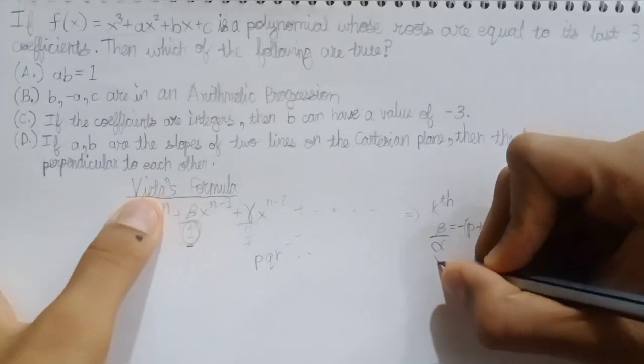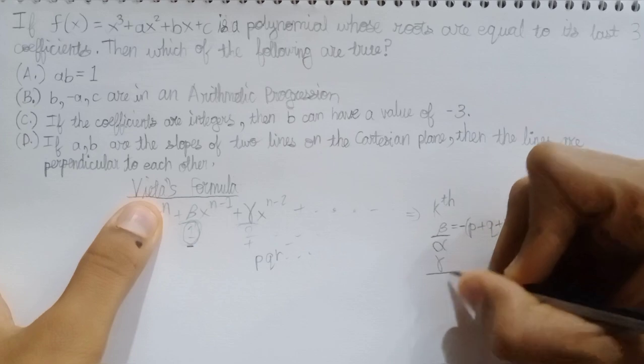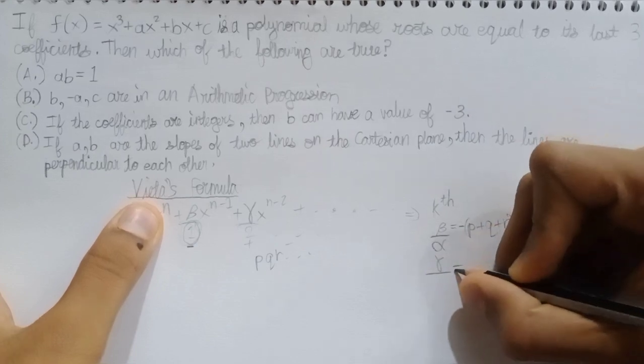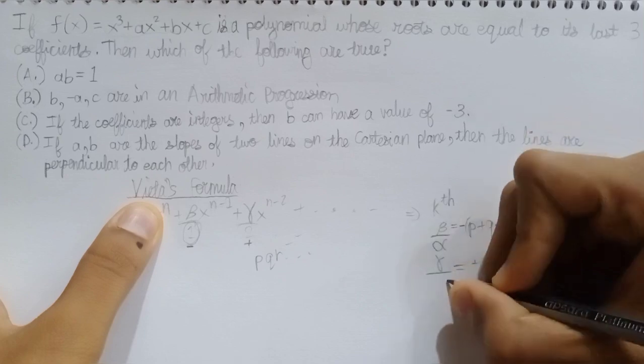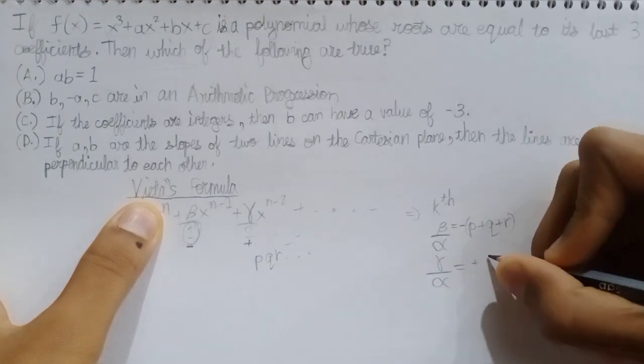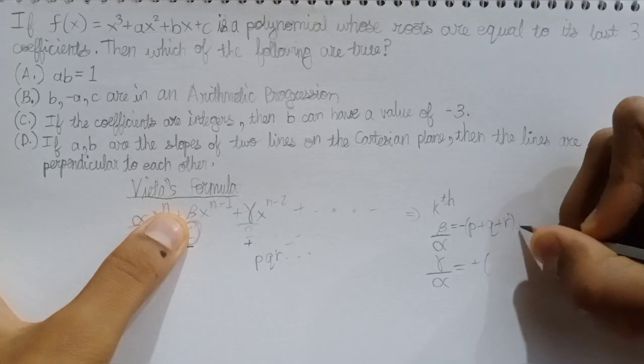And coming to gamma, it'll be the sum of the products of two roots at a time, and since it is plus here, we don't have to worry about the sign. And it is gamma by alpha, by the way. Let's say there are more terms here.